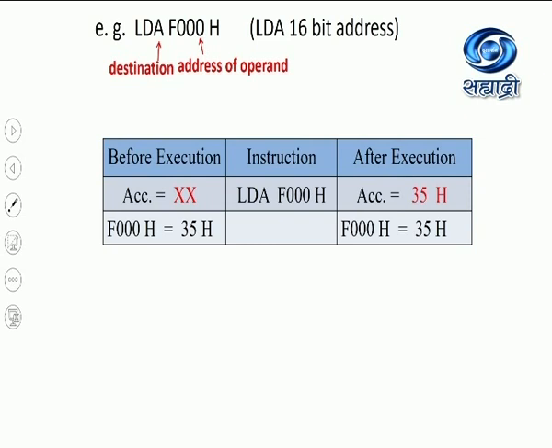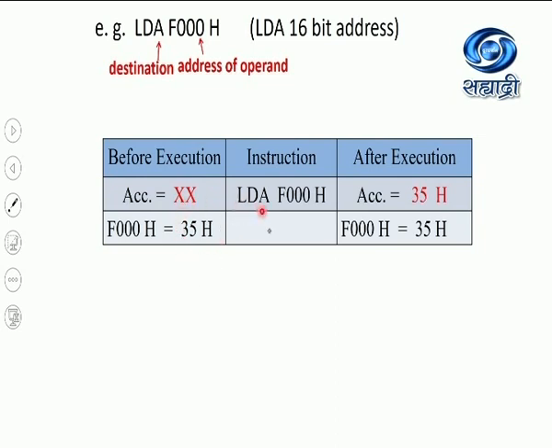Now LDA F1000H, this is the address of the operand F1000 and the data is copied into the accumulator. So before execution, the accumulator may contain garbage data and the contents of memory location F1000 are 35.